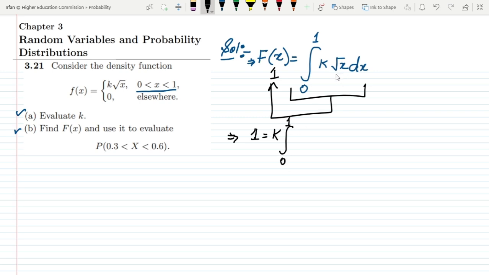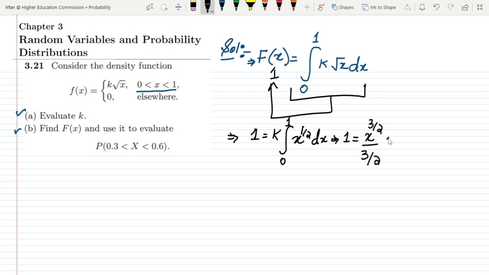Okay, and here this square root of x is basically x to the power 1 by 2 dx. Okay, now calculating it, what I will get here, it will be 1 is equal to, integrating it would be 1 plus 1 by 2 divided by 1 plus 1 by 2. So it would be x to the power 3 by 2 divided by 3 by 2.